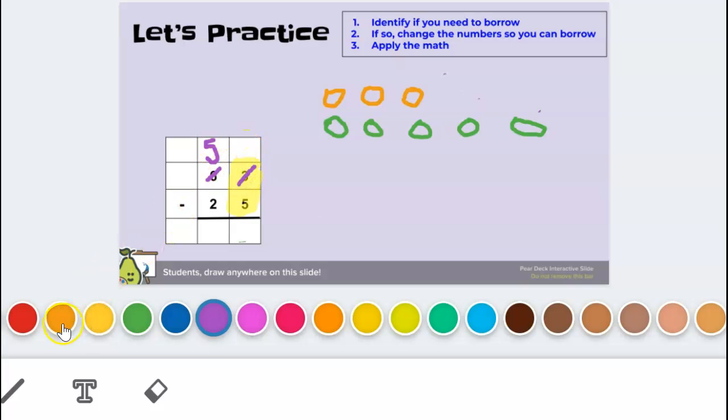So when we do that, we have our 3 circles. Now we need to add 10 more. 1, 2, 3, 4, 5, 6, 7, 8, 9, 10.